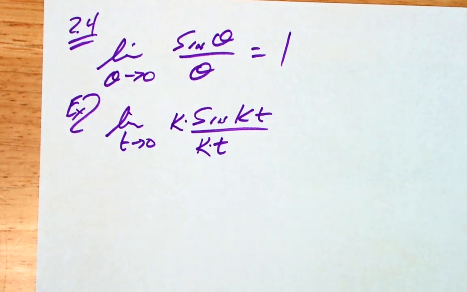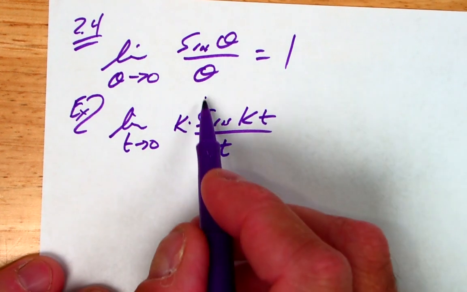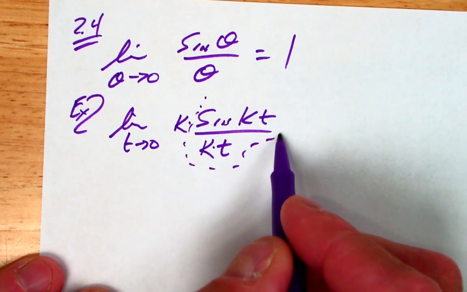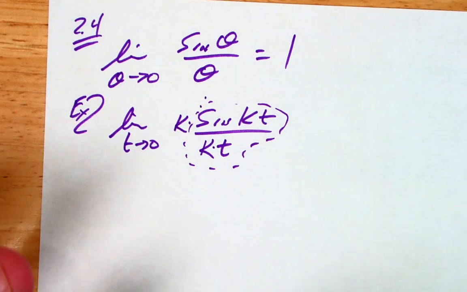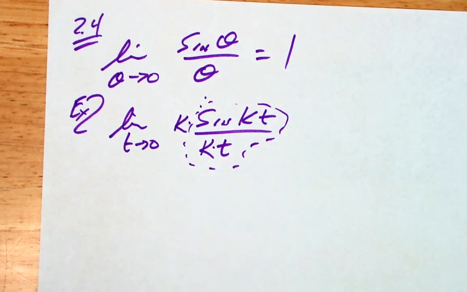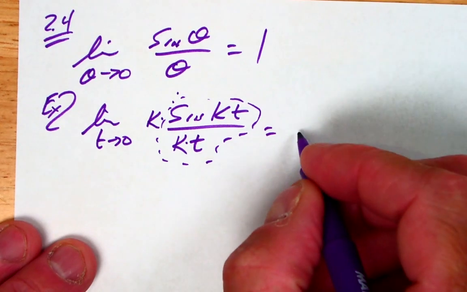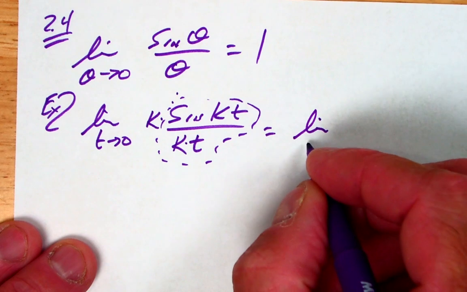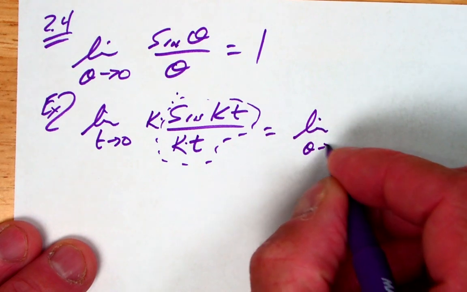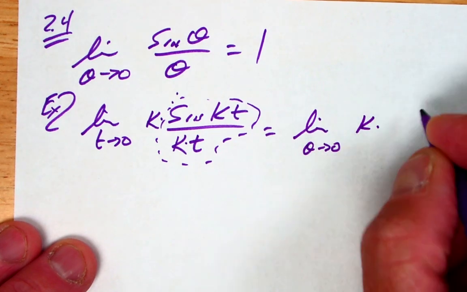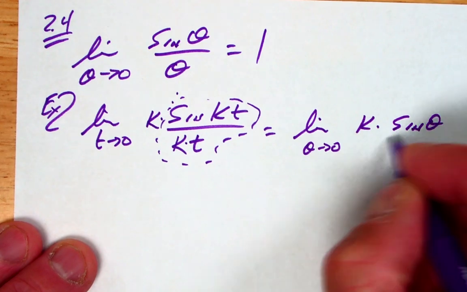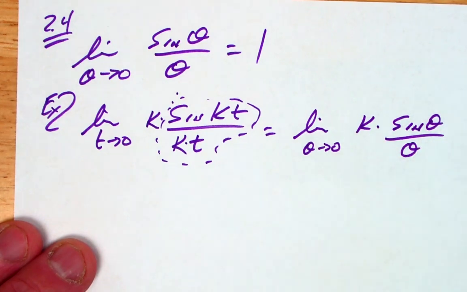Okay? Well, we hopefully know that the limit of this, well, I'm actually going to do something technical right here, which is probably wise. I'm now going to change this to the limit as theta approaches 0 of k times sine of theta over theta.